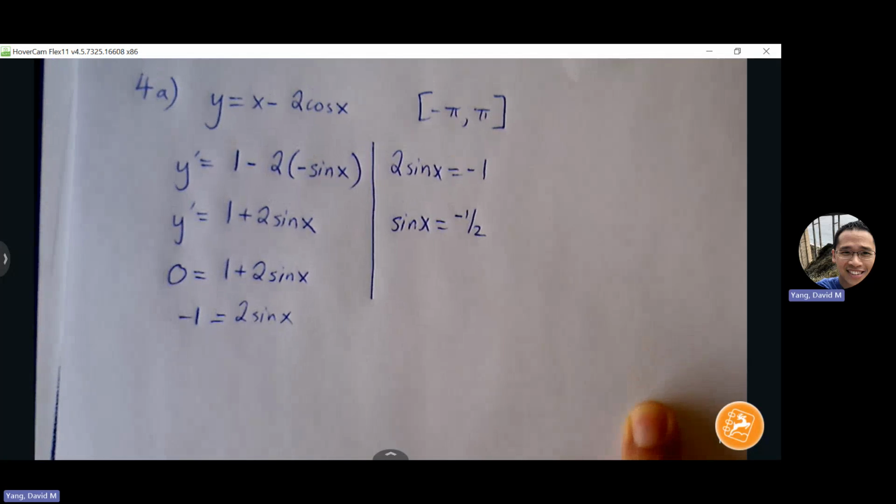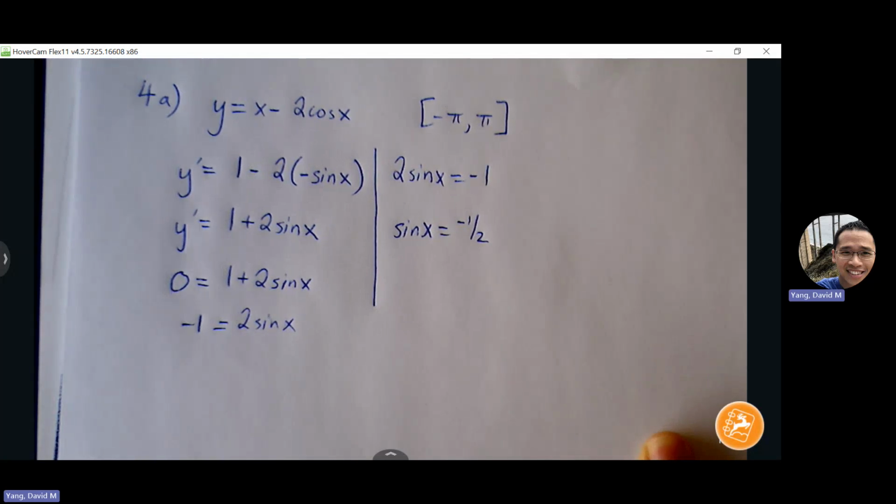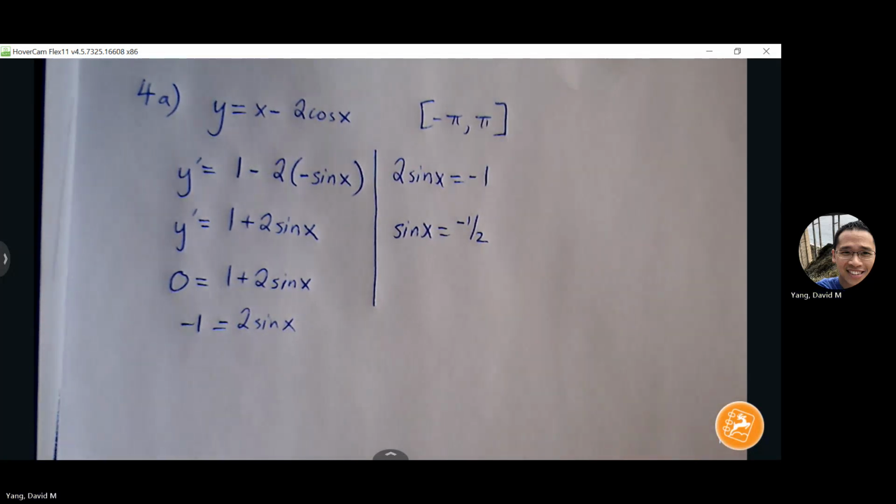So now we rely on our unit circle values. Okay, so where is sine equal to -1/2?